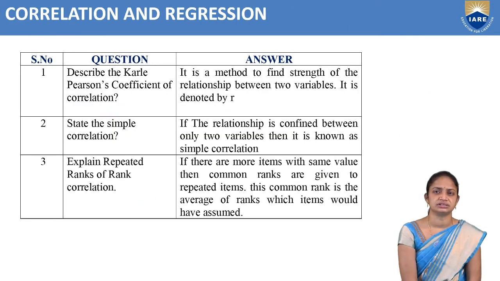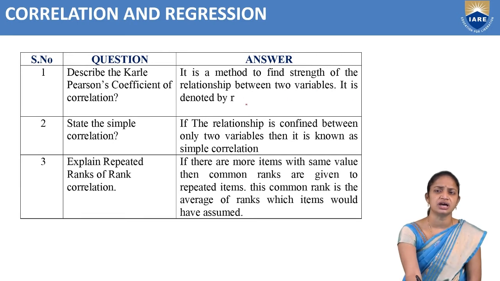First question: describe the Karl Pearson's coefficient of correlation. It is a method to find the strength of the relationship between two variables.